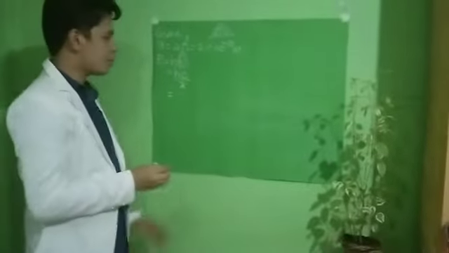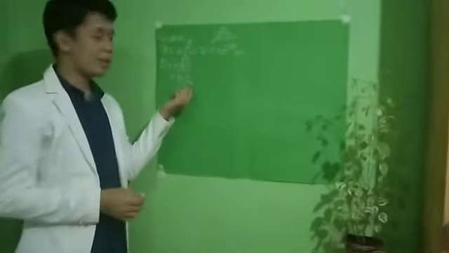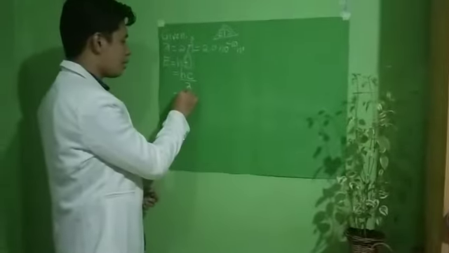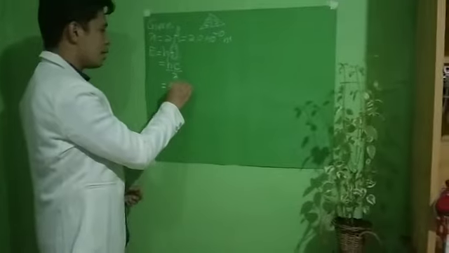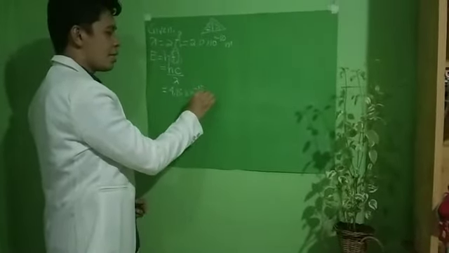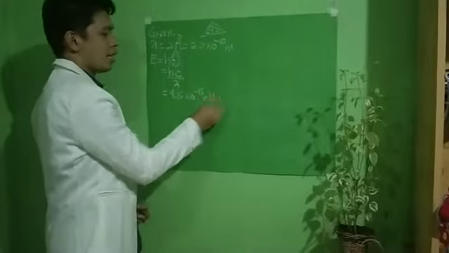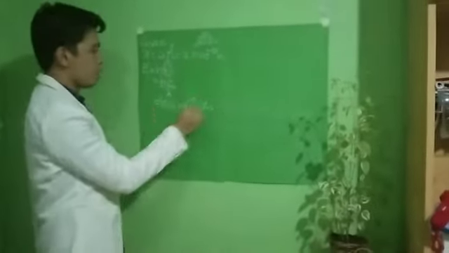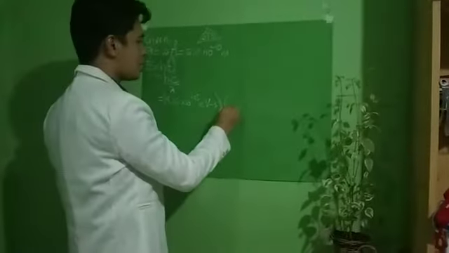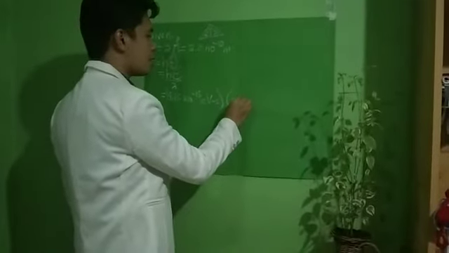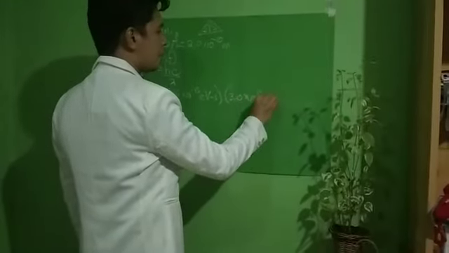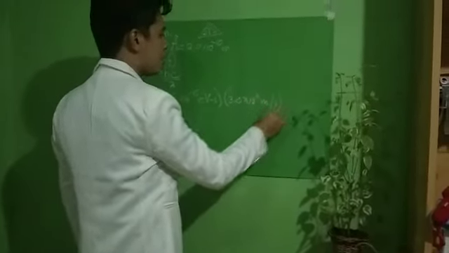Okay, so substitute our value for the Planck's constant. Again, this is 4.15 times 10 raised to the negative 15 electron volt second. Multiplied with the speed of light, which is constant. This is 3.0 times 10 raised to 8 meter per second.